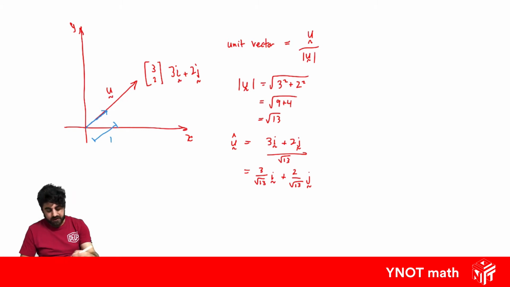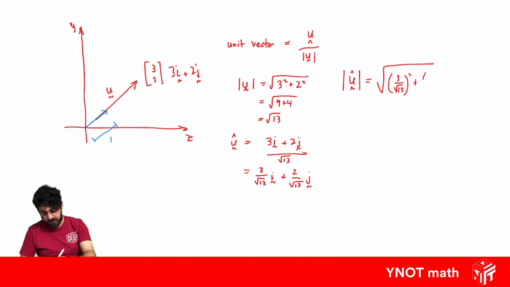And we can verify its magnitude is 1 by looking at the magnitude of u hat. So we get the square root of (3 over root 13) squared plus (2 over root 13) squared.